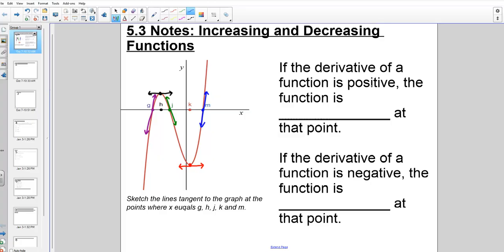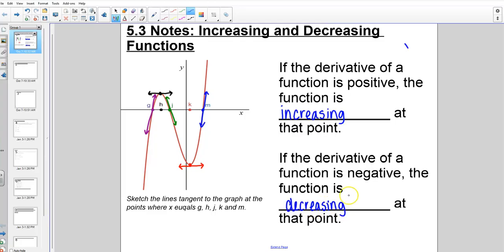If the rate of change is positive, the function is increasing at that point. If the derivative of a function is negative, or that rate of change is negative, the function is decreasing at that point.